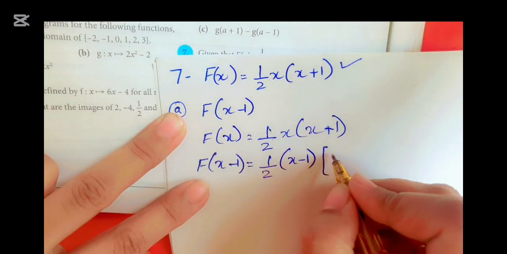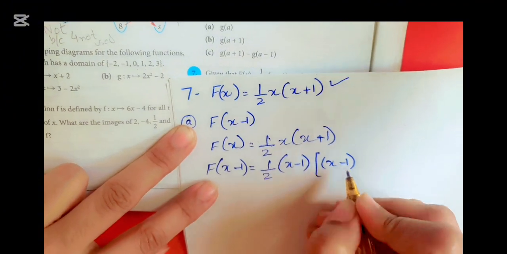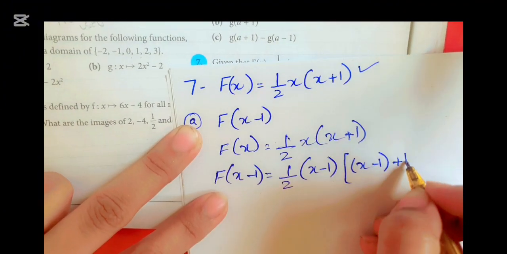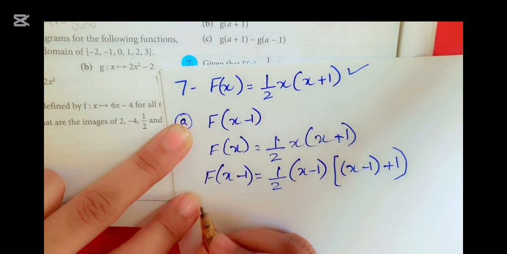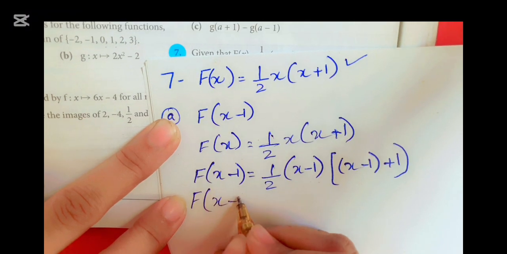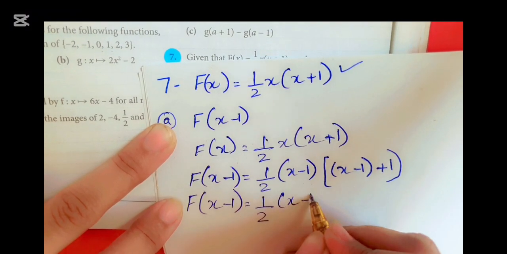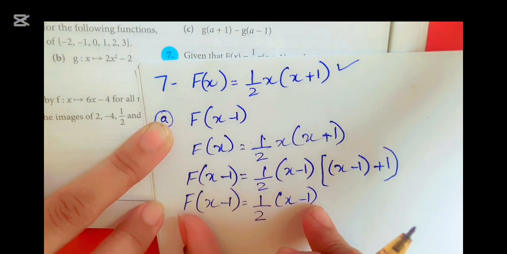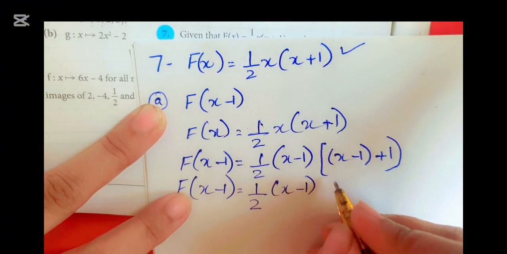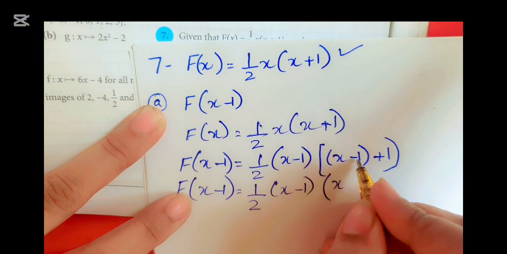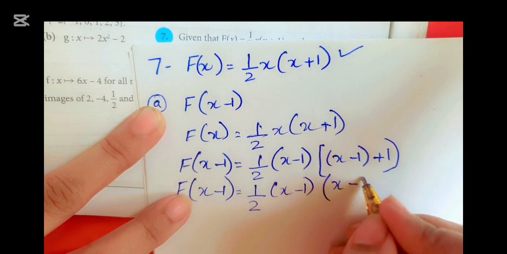In place of x I am writing x - 1 and then plus 1, that is given in the function. I have written it as it is. Now I am opening this bracket, x - 1 and then plus 1.